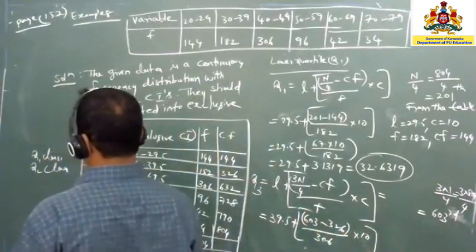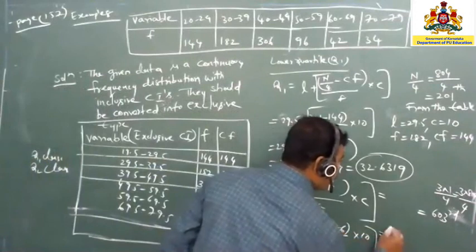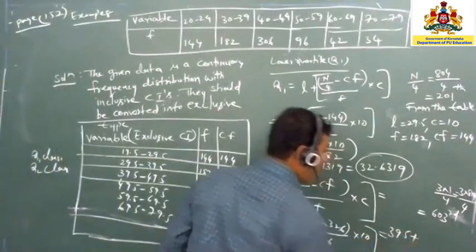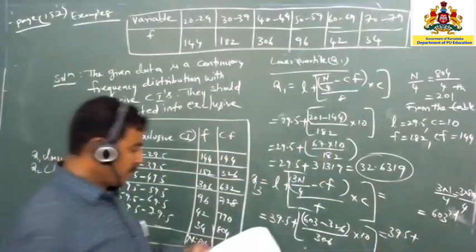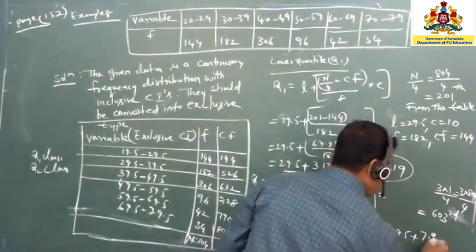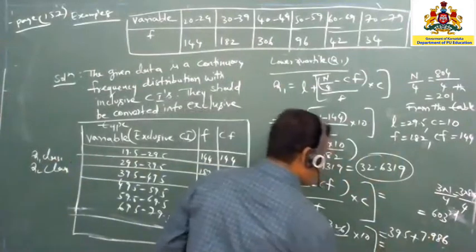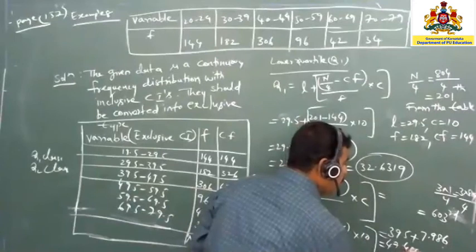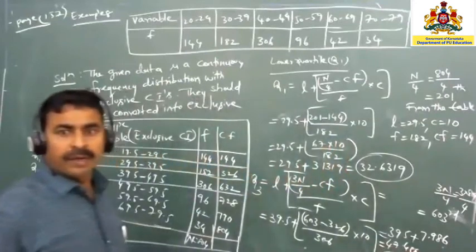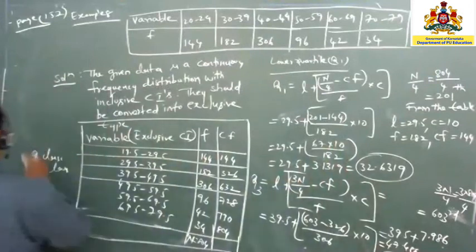By simplification you get 7.986. The final answer is 47.486.